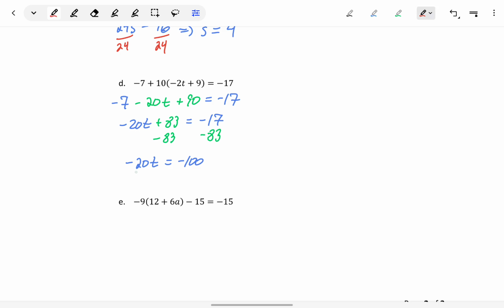And then our last step will be dividing both sides by that coefficient of negative 20, leaving us with t is equal to positive 100 over positive 20, which will reduce to 5, since those two negatives will cancel each other out.